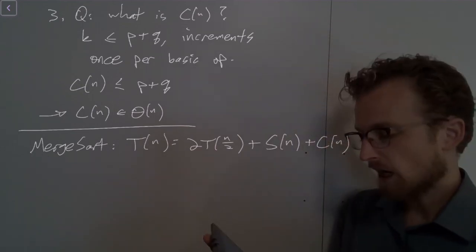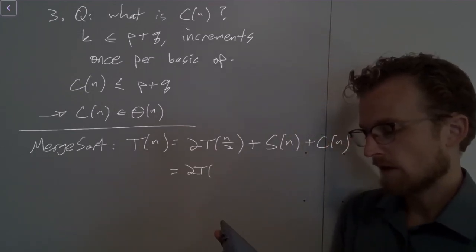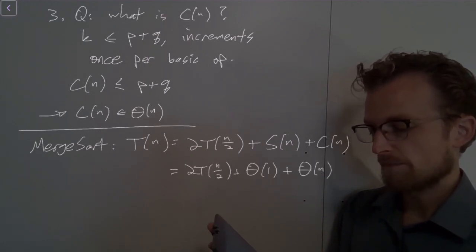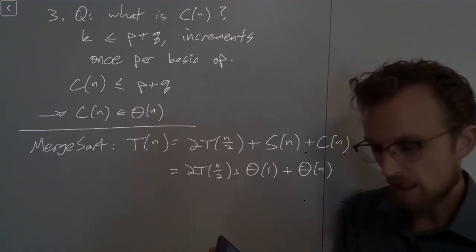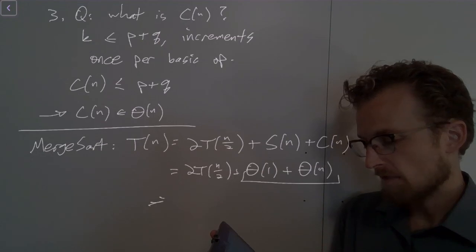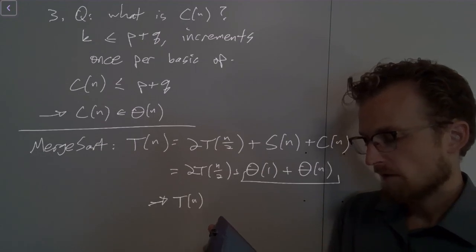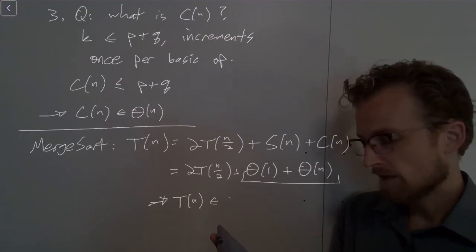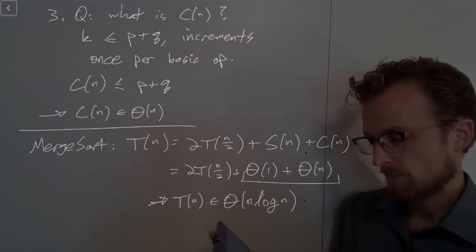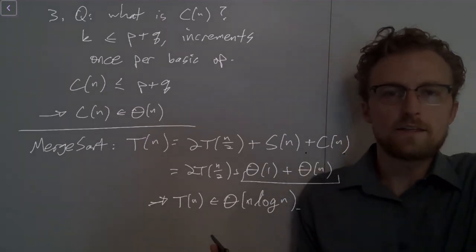The splitting time is constant, so this is 2T of n over 2 plus something constant time plus something linear time. Because this whole piece together is linear time, that means T of n altogether is big theta of n log n by the master theorem. And that completes the analysis of merge sort.